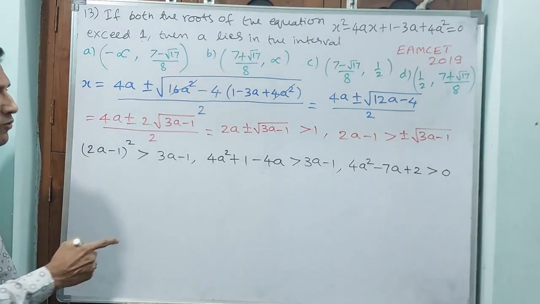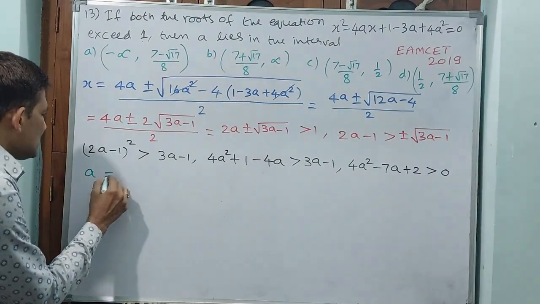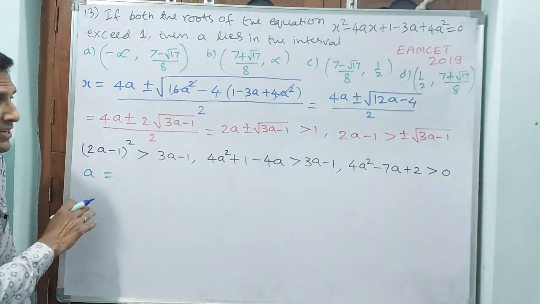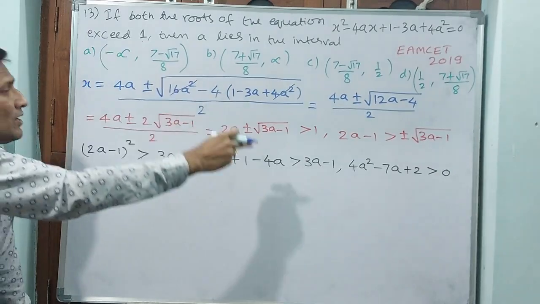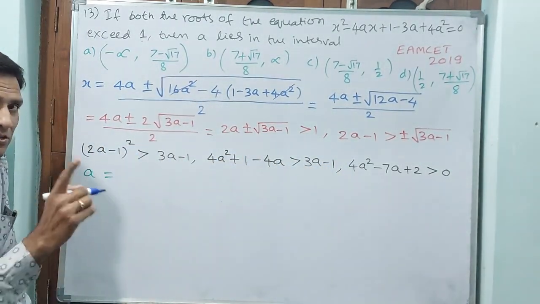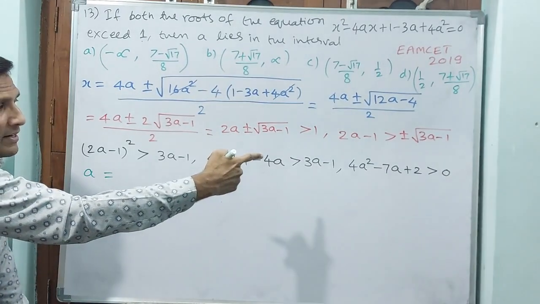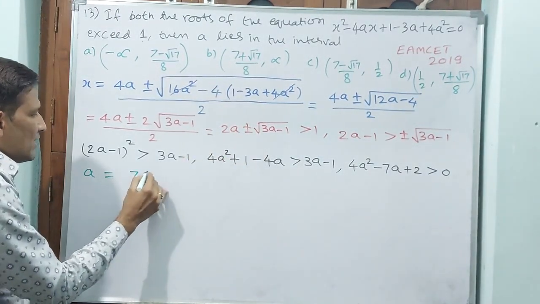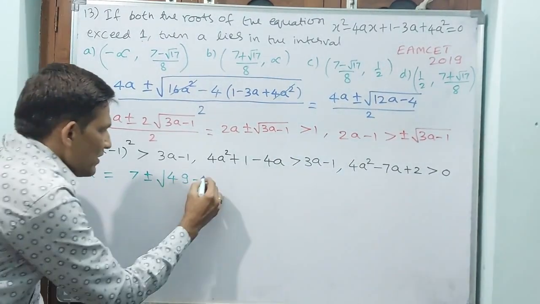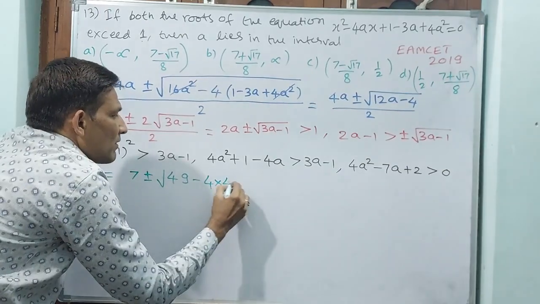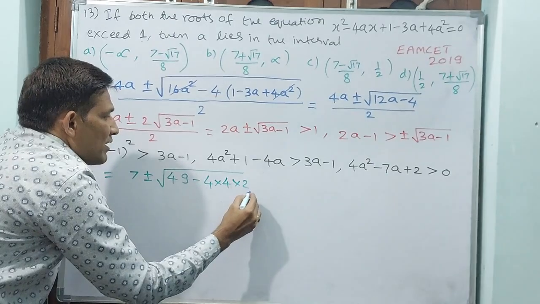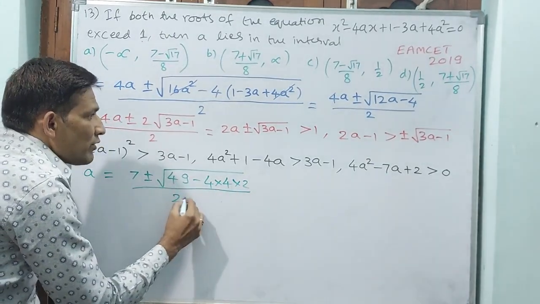You see, a value you want. Temporarily I am writing a, but they have always given that these values are greater than 1, so you should keep that in your mind. a is equal to minus b, minus b is minus 7, plus or minus square root of b square 49 minus 4ac. Here a is 4, c is 2, divided by 2a, which is 2 into 4.